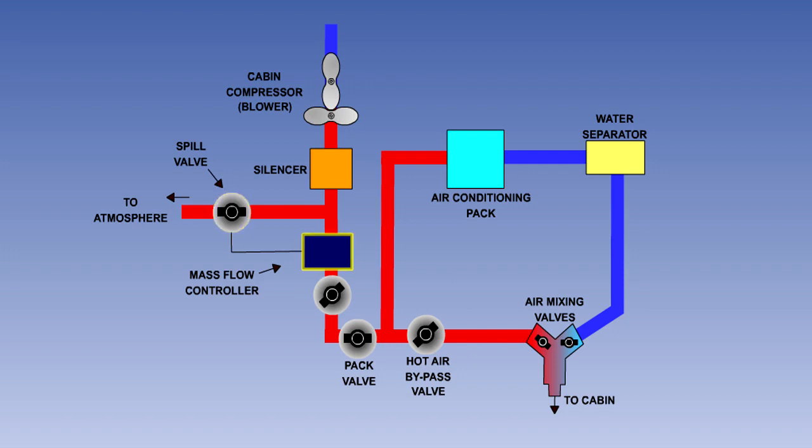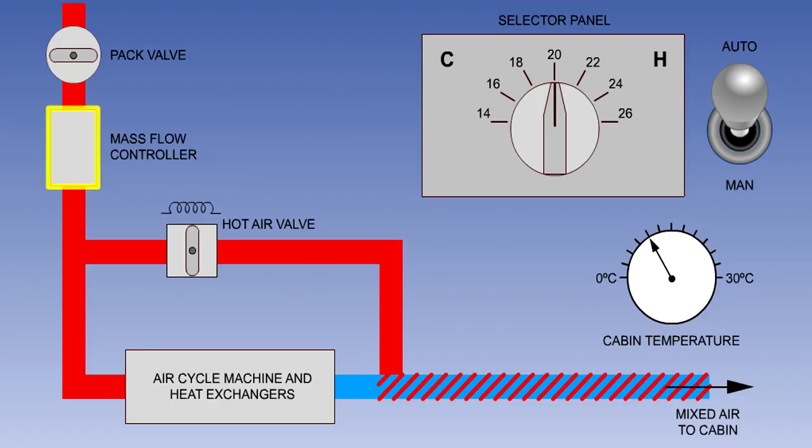When used with blower systems, the mass flow controller operates a spill valve, which dumps excess air to atmosphere. In systems that use engine bleed air, the mass flow controller adjusts the airflow through itself, so that the required mass flow passes to the system irrespective of changes in the value of the pressure upstream and downstream of the unit.